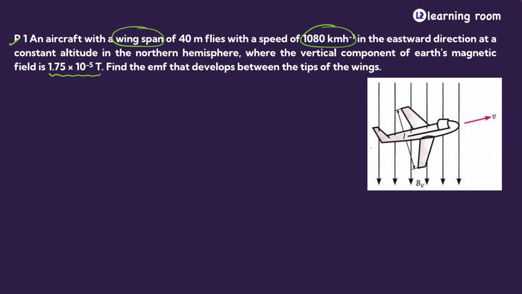If you observe, the length of the wing is going to be 40 meter. The speed is considered to be 1080 kmph, or this is 1080 into 5 divided by 18. So when you solve this, 18 will cancel this 60 times.